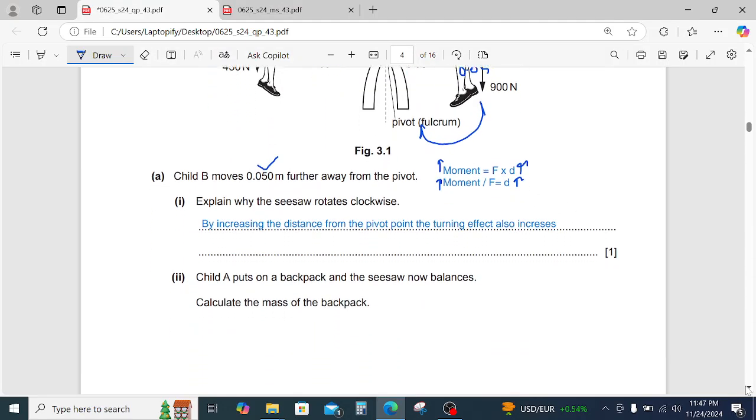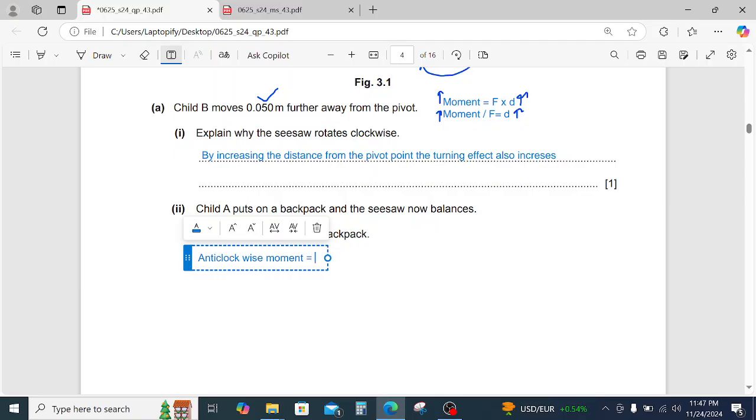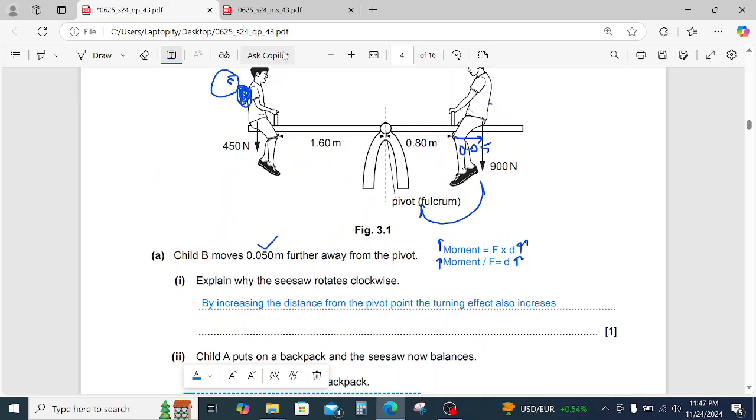So the formula of the principle of equilibrium is that the anti-clockwise moment must be equal to the clockwise moment. Anti-clockwise moment here, look at the diagram.